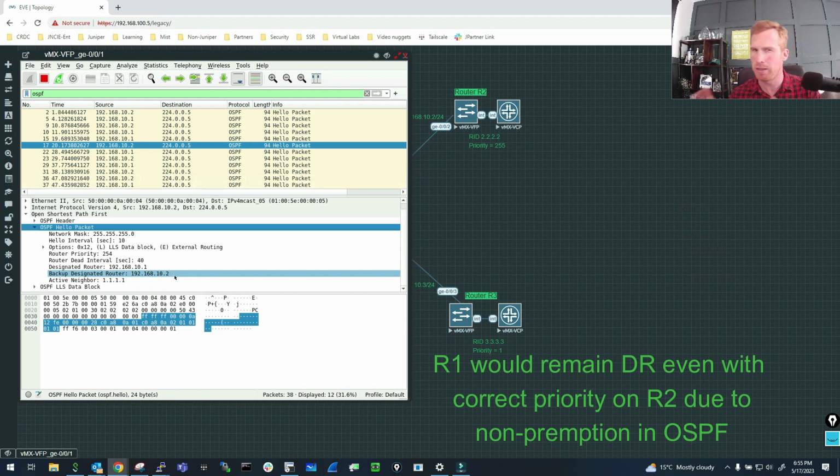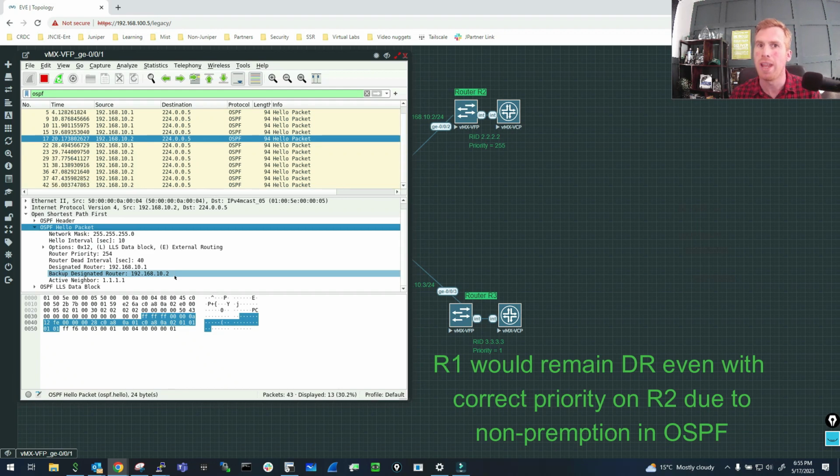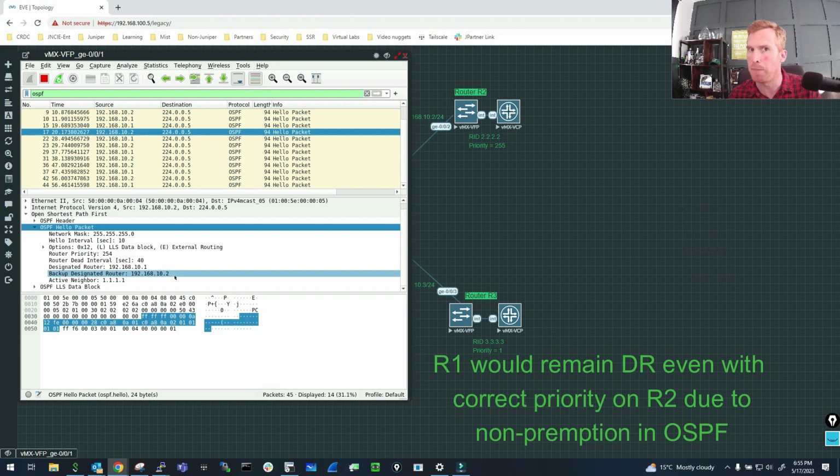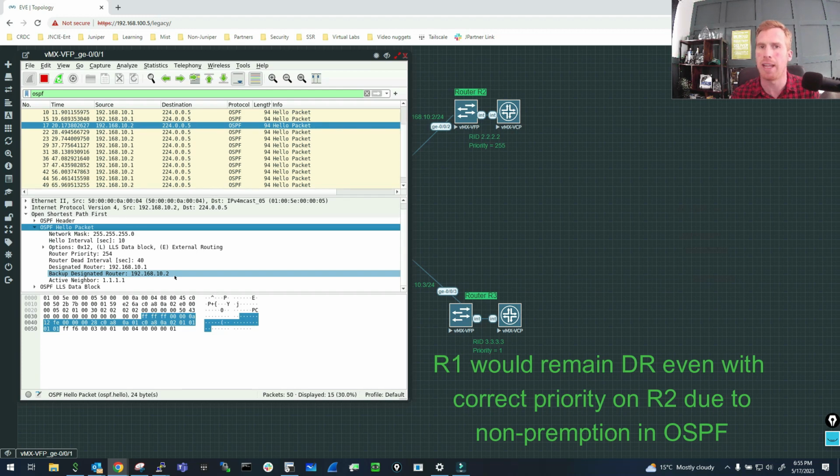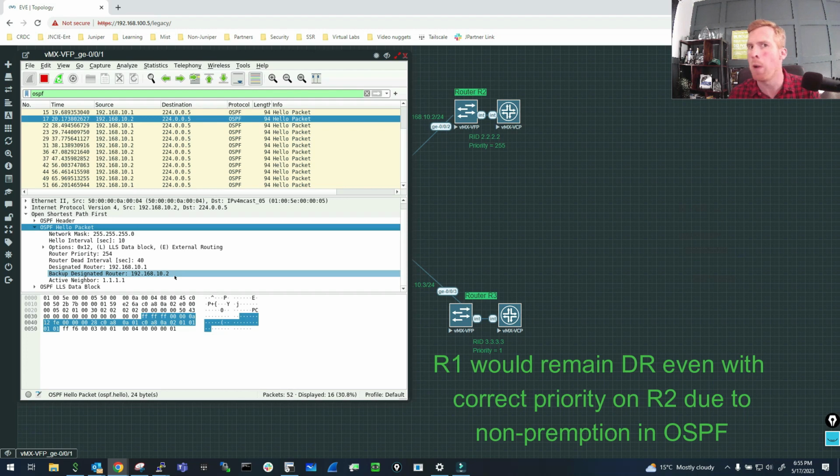And that is bringing the theory into practice now, because router R1 elected itself as that designated router, and we've just configured R2 as participating in the OSPF routing protocol. Even though it has a higher router interface priority, it's not taken that DR role away from R1, because OSPF DR and BDR is non-preemptive.